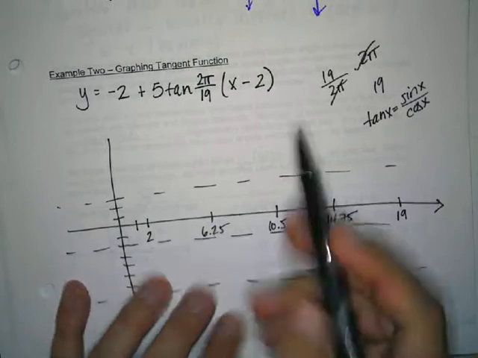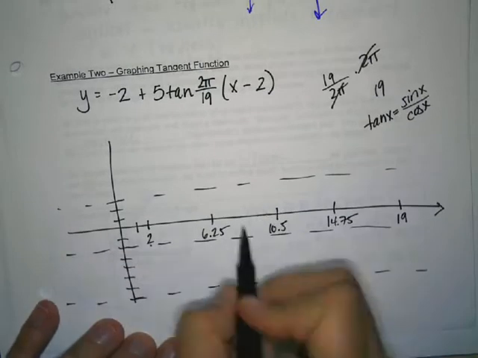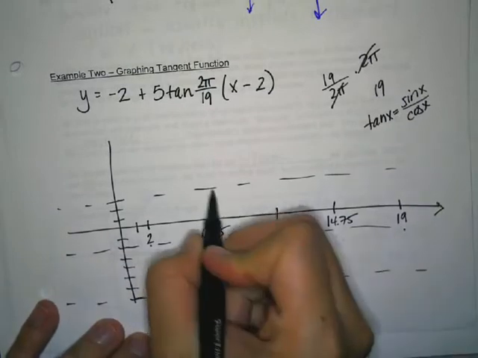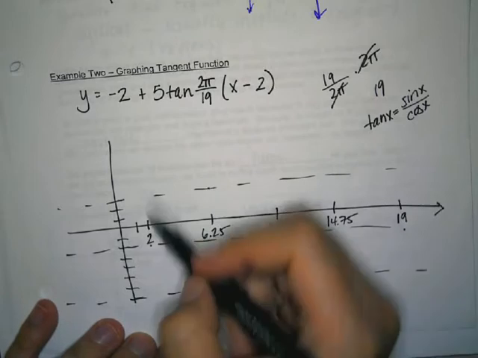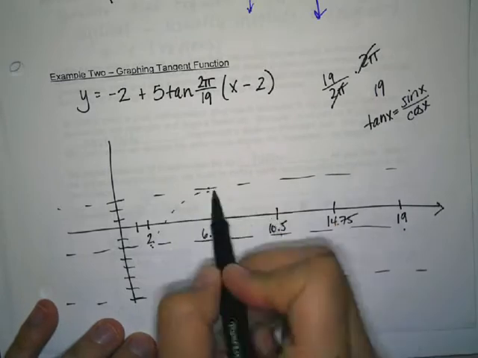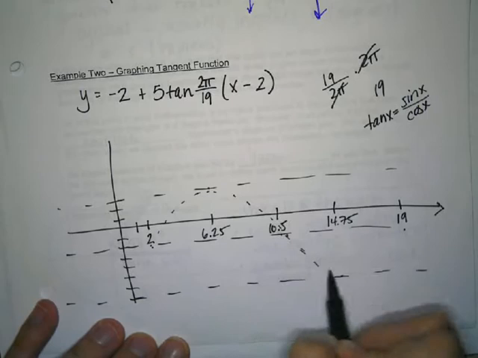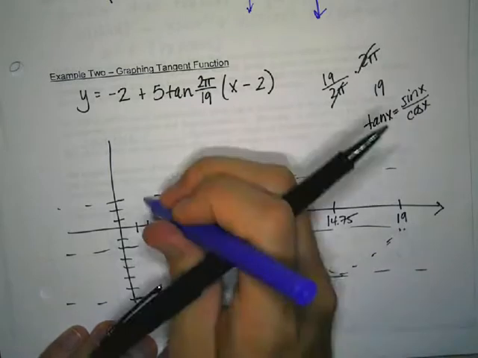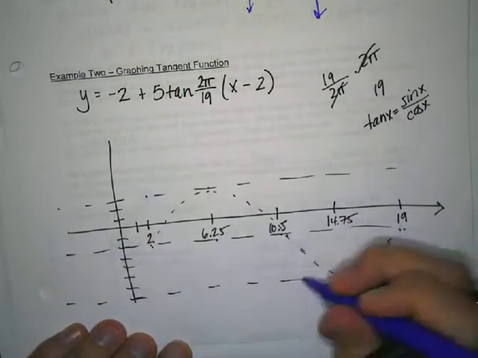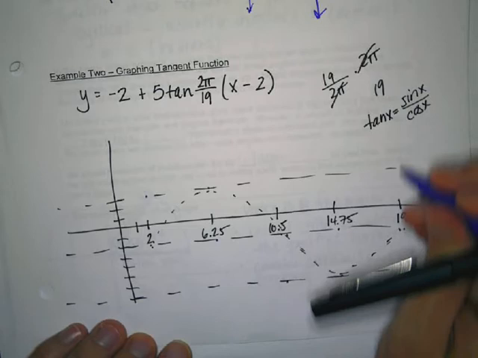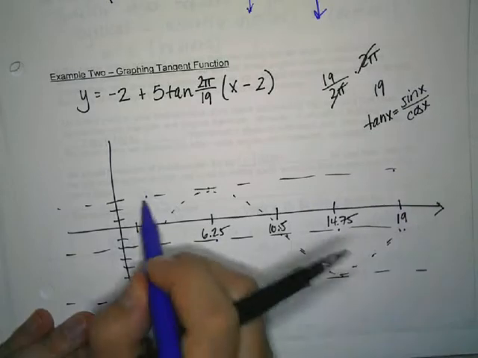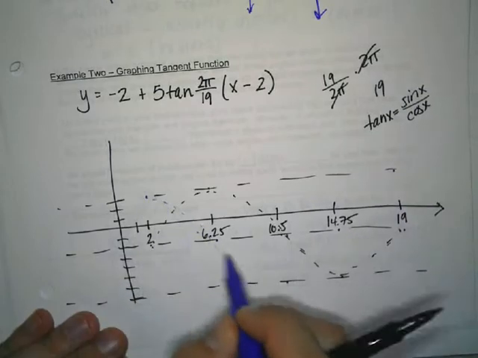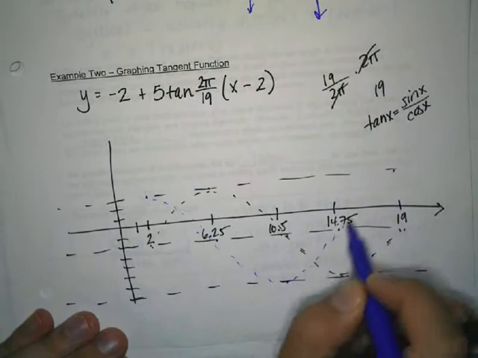Alright, so sine, let's start here, here, upper bound, lower bound. So sine would look like this. Cosine would start at the upper bound and look like that.